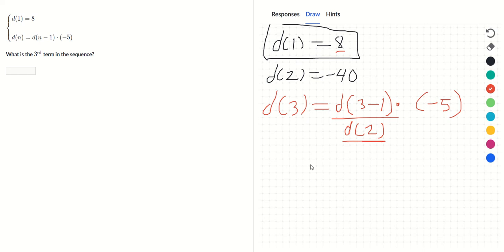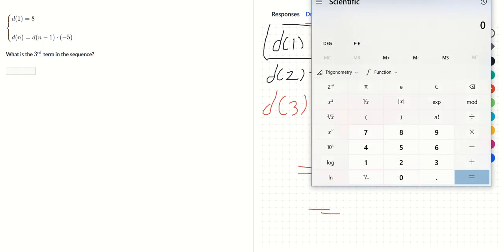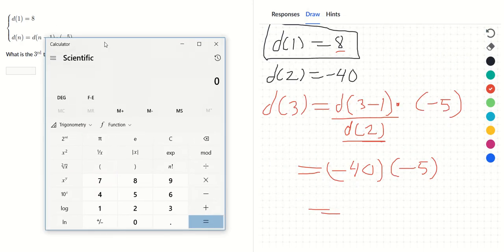So now we know that d of 2 is what? Negative 40. So d of 2 is negative 40 times negative 5. Okay, and the answer here is, let me get my calculator out. 40 times 5 is 200.